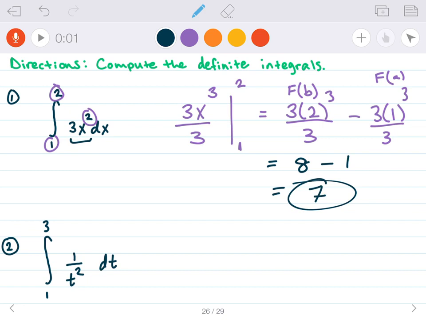That's the exact area, which is super cool, because again, we're dealing with a parabola here. This is a weird shape. This is 1, 2, and then maybe it looks like this. So this area right here is 7.